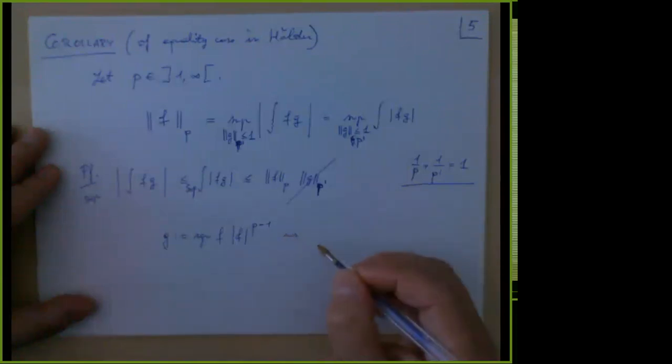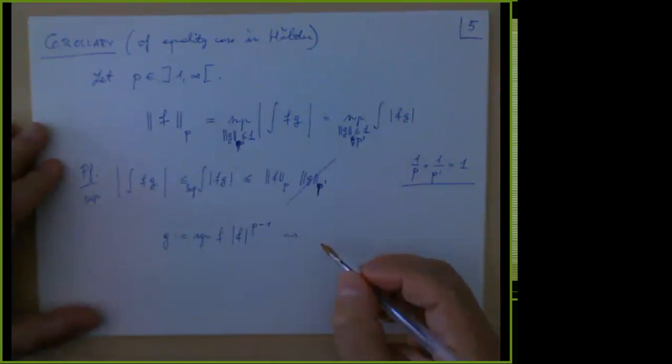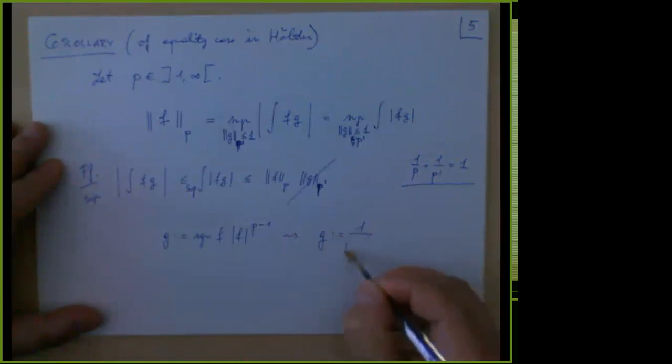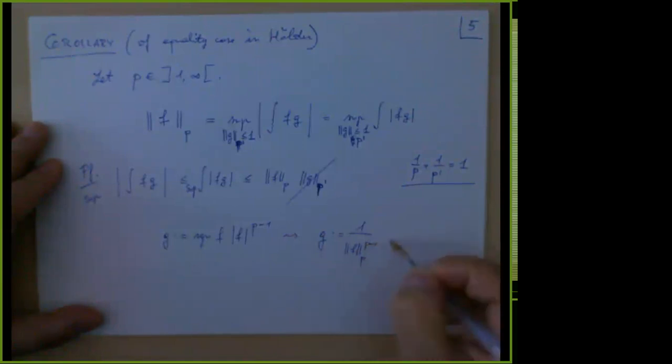And you don't need much time to convince yourself that this will be obtained just by doing g equal to 1 over ‖f‖_p^(p-1) times sign of f, and then you take |f|^(p-1).